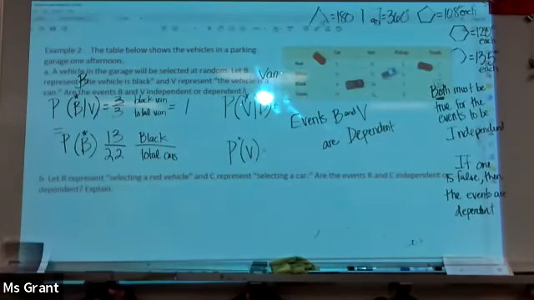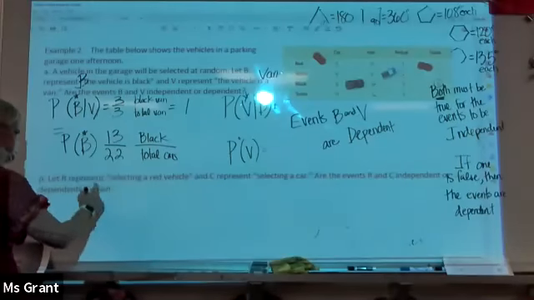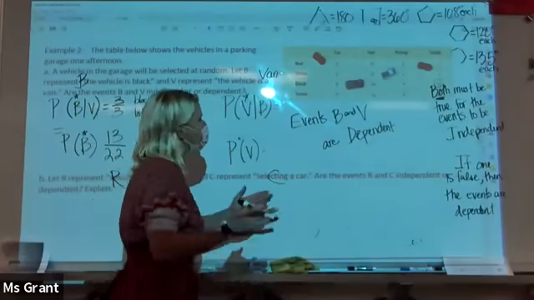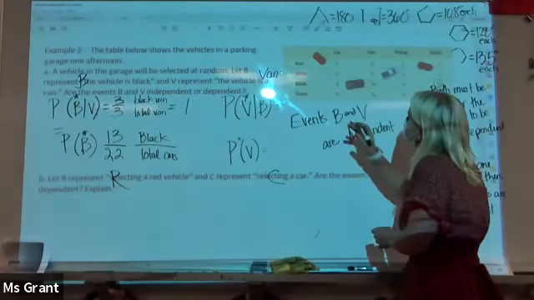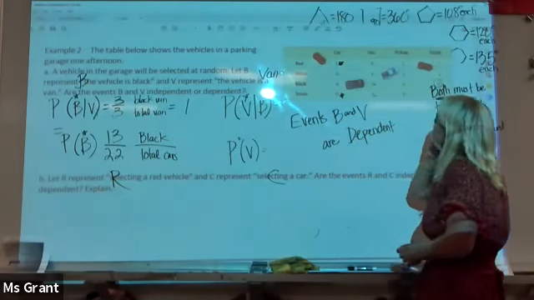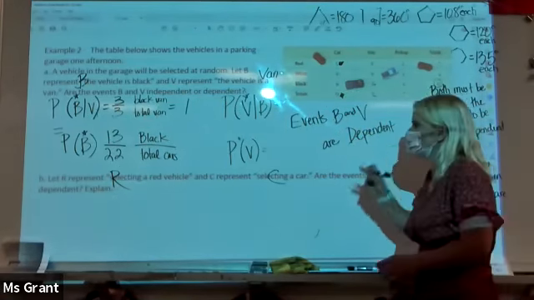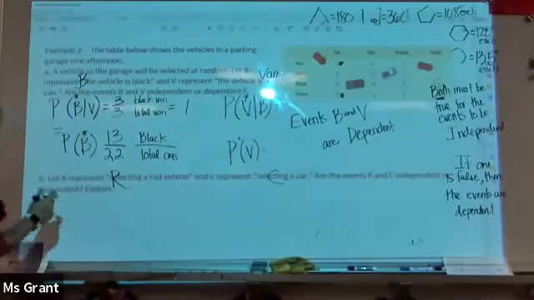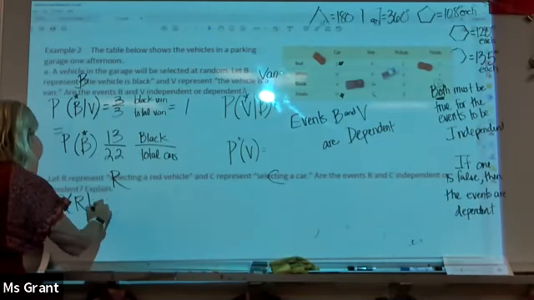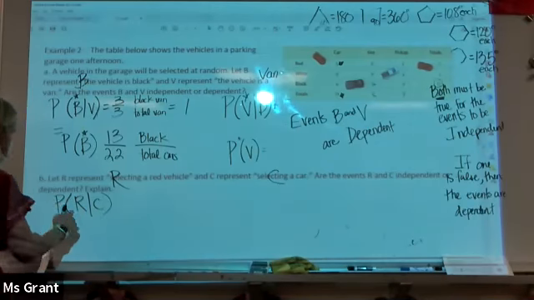Last example: let R represent selecting a red vehicle and C represent it being a car. Only red, only cars. Red car, I got 5. I'm going to have to talk about 11, probably the total. Let's see how it goes. Here's what you write. The probability of it being a car first and then it being red.